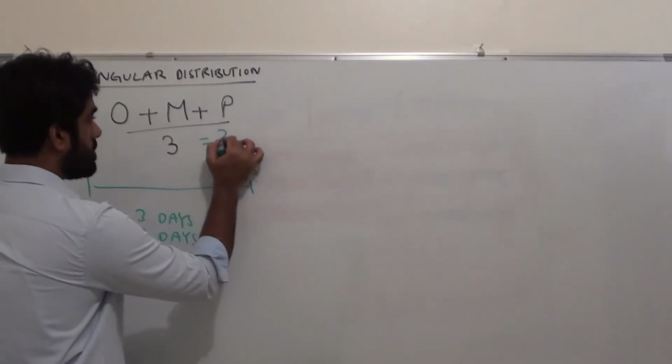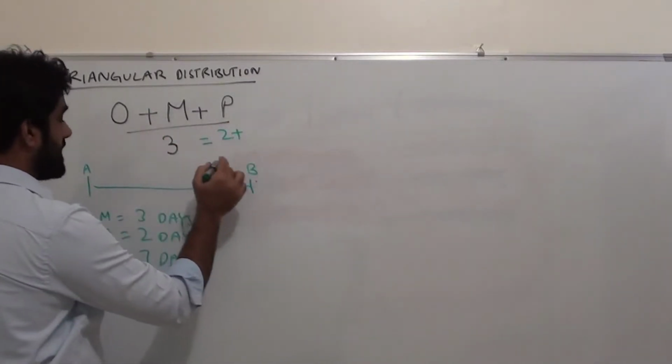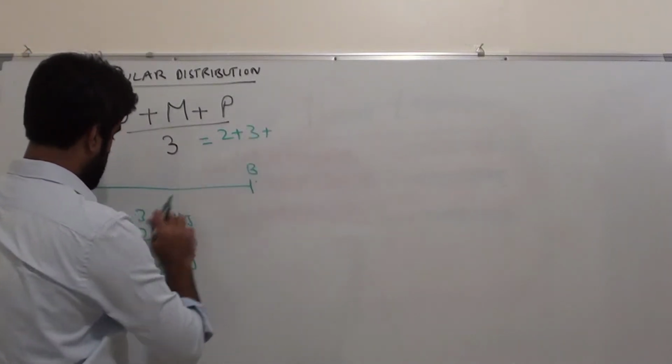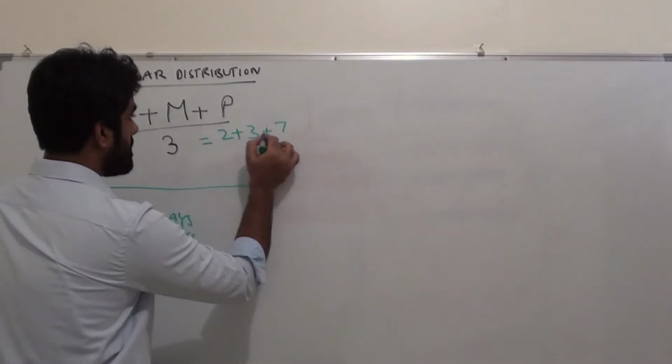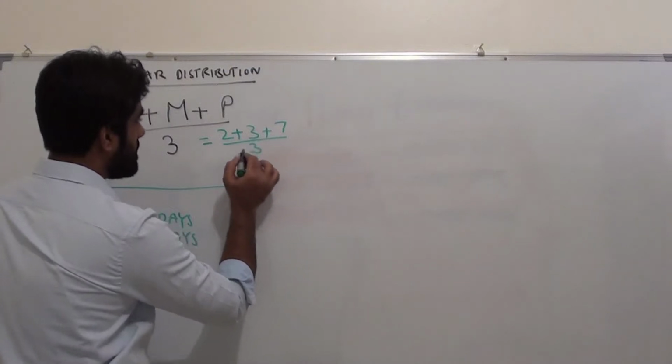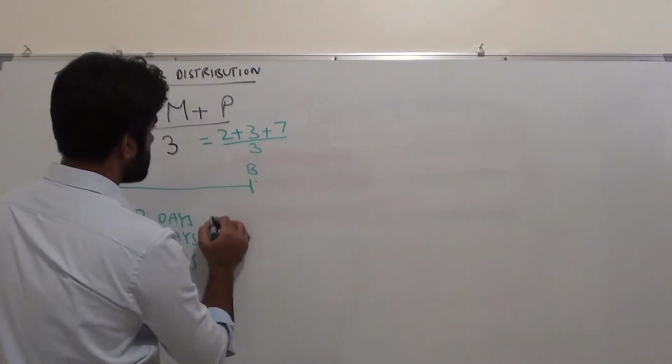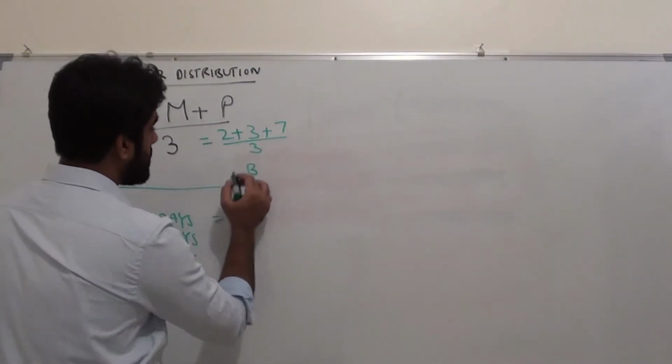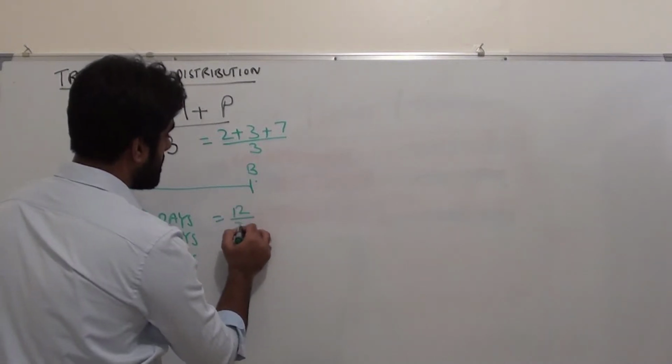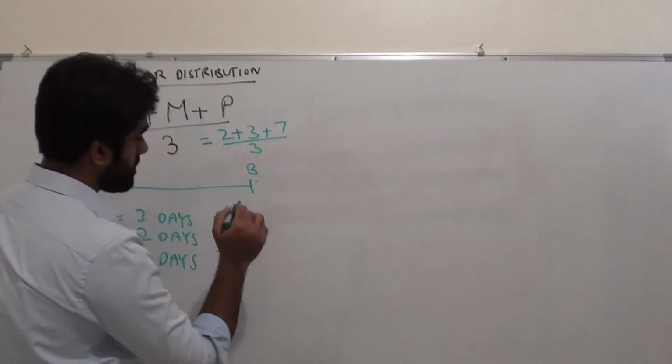Optimistic is 2 plus most likely equal to 3 plus pessimistic is equal to 7, divided by 3. So this becomes 5 plus 7, 12, divided by 3. So this becomes 4.